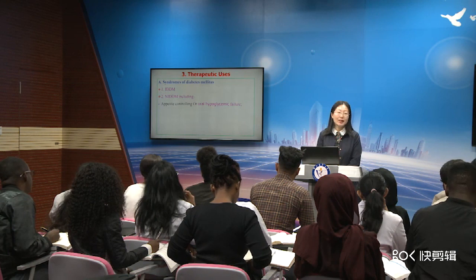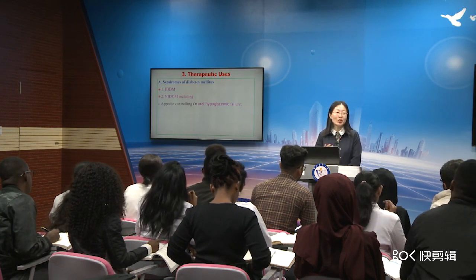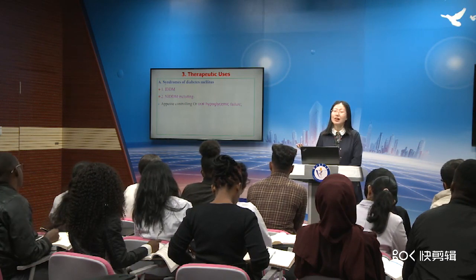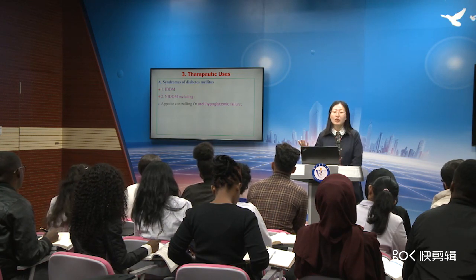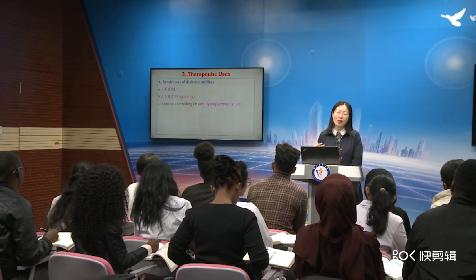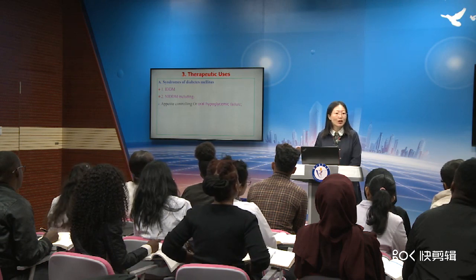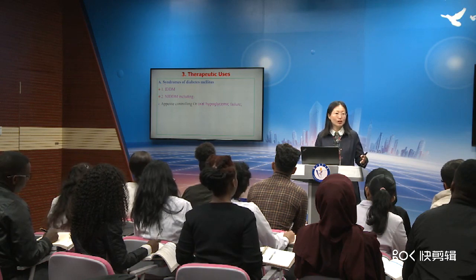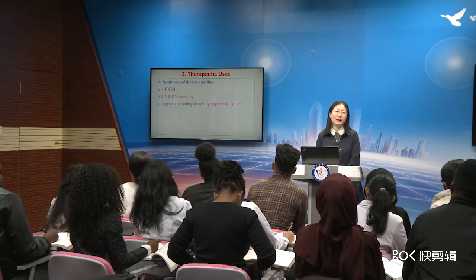NIDDM patients, the second type of diabetes mellitus patients, if they fail to control their appetite, you can suggest they use insulin directly. All the patients first use oral hypoglycemic agents, and if they couldn't control their glucose level successfully, they have to change into insulin.